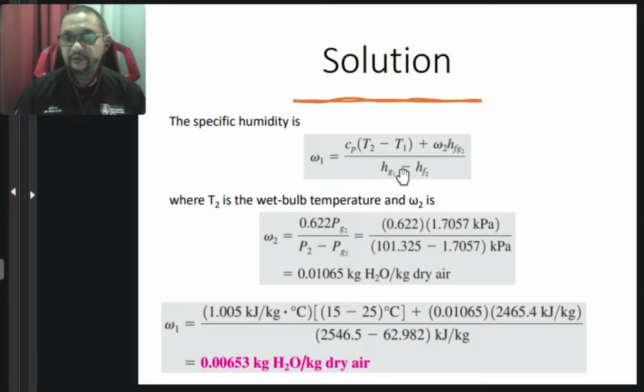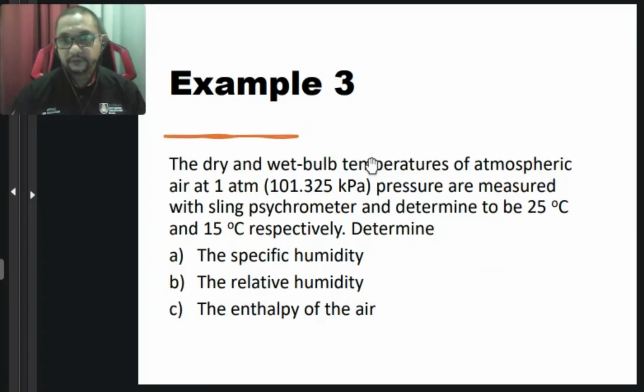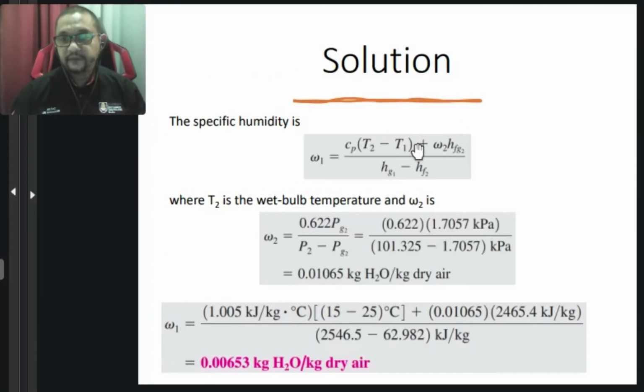Before you can use this equation, you have to find omega 2. Cp we know for this ideal gas. T2 and T1 have been given: T2 is the temperature at the wet bulb temperature, and T1 is the dry bulb temperature.